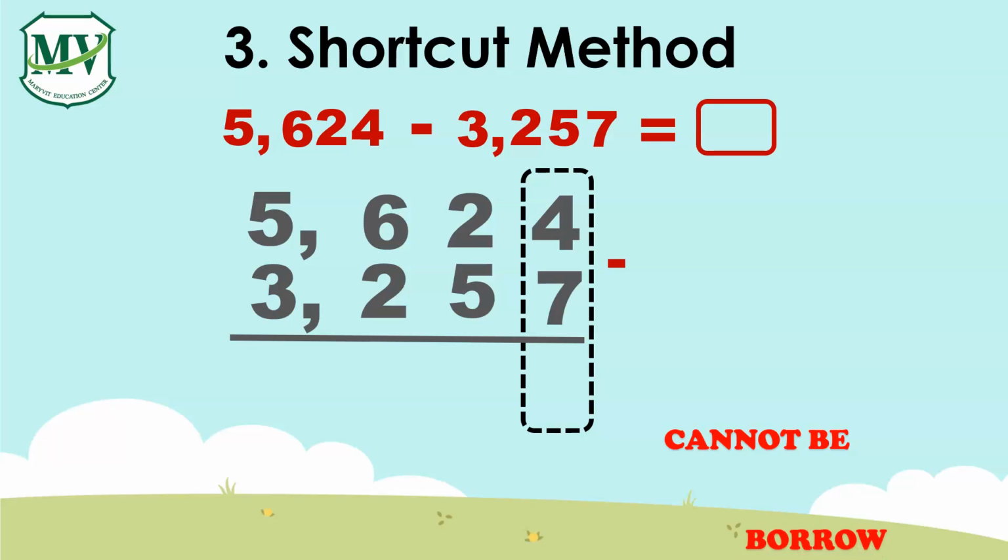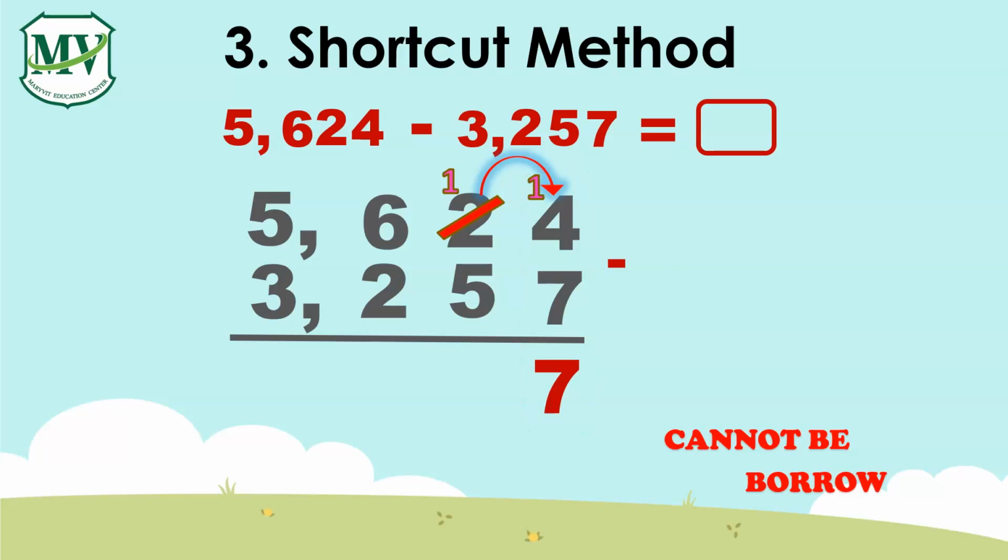We need to borrow from the next place, tens. 2 becomes 1. We regroup 10 into 10 ones. 14 minus 7 is 7. Next step, step 2.